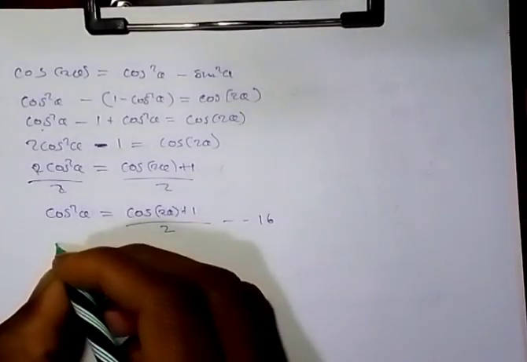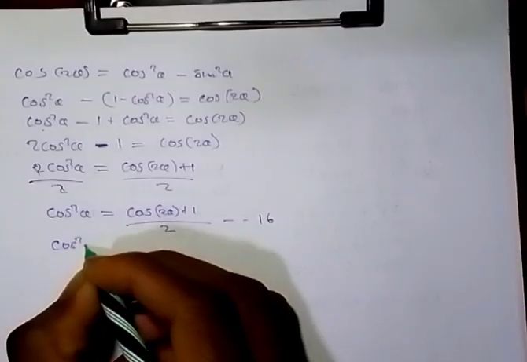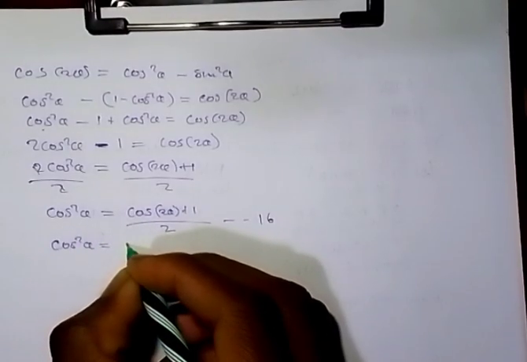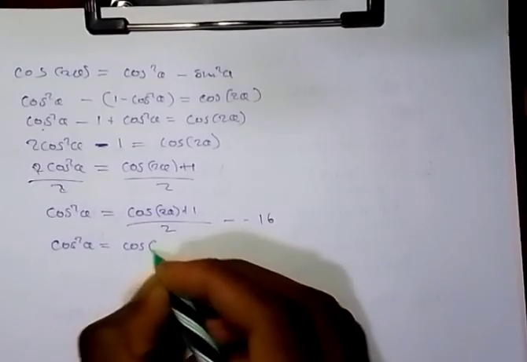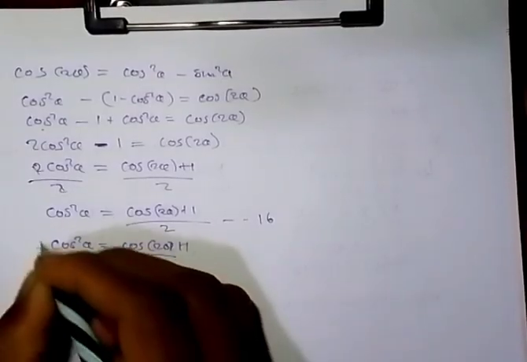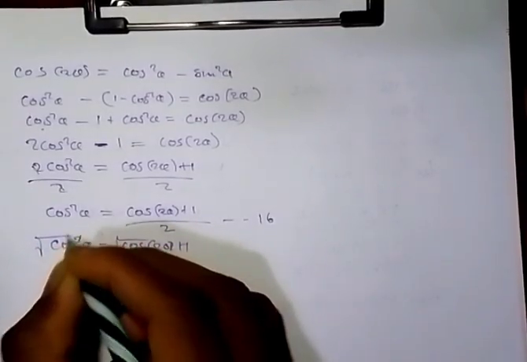Then we can also say we make cos square theta be equal to cos 2 theta plus 1 over 2. Then we can take the square root of both sides. Then this one goes.